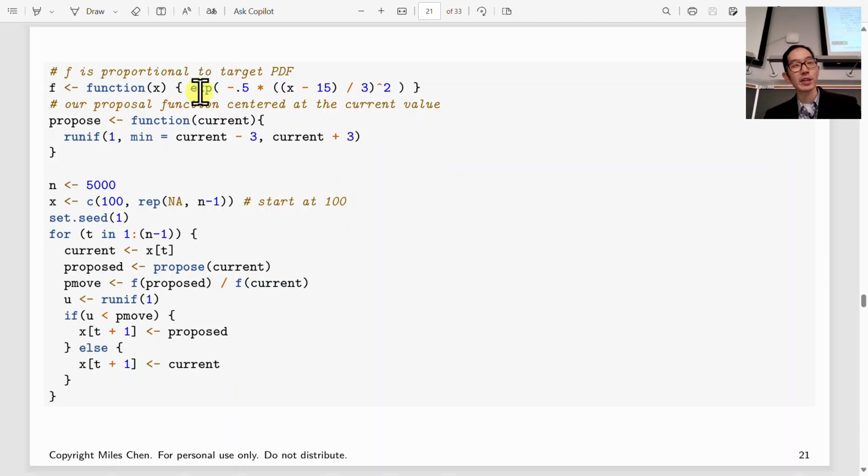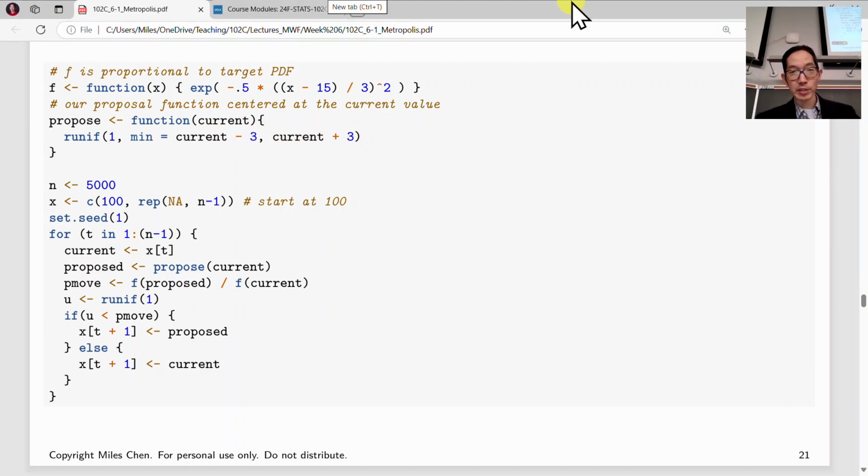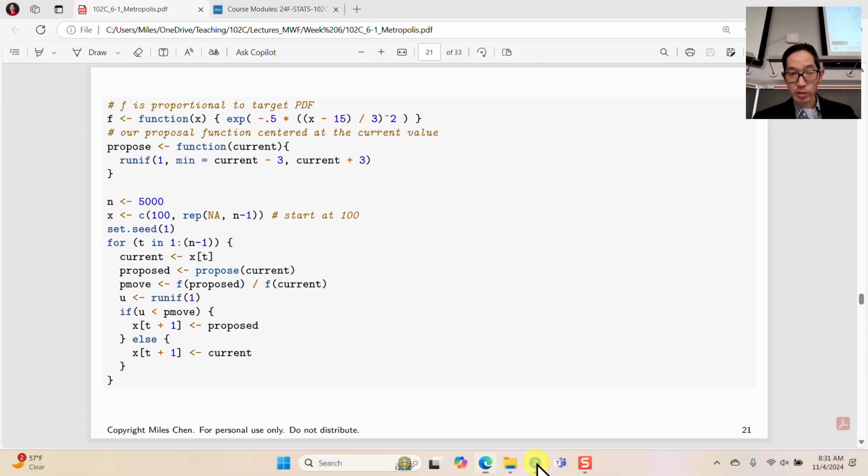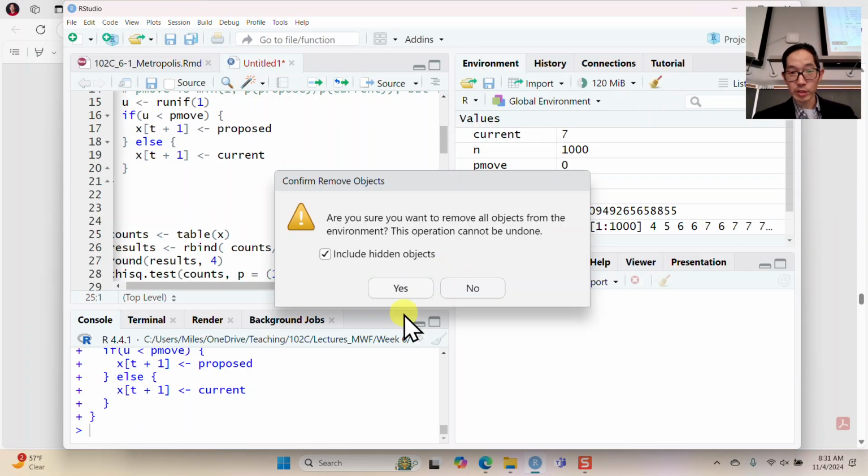I could have used the actual PDF and done dnorm, but this will just give me something proportional to it. And then my proposal function is going to just generate a random value between our current location plus or minus 3. And let me just illustrate how this is going to work. All right, so let's clear this out.